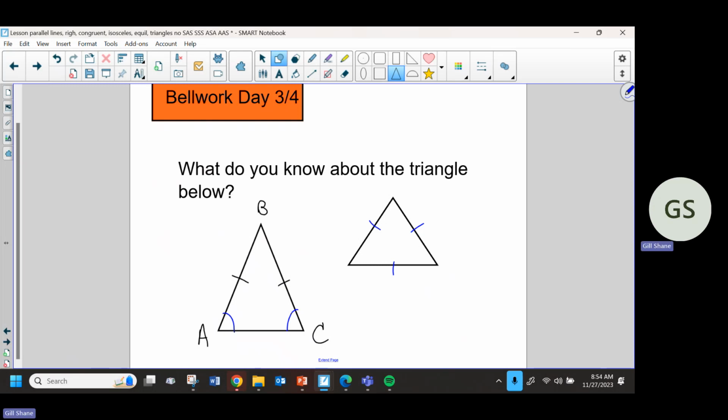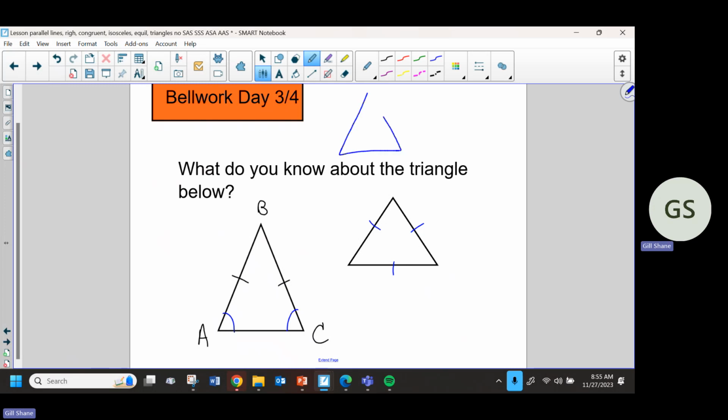Two of the sides are congruent. The two angles, they call them the base angles, the angles at the bottom of both of the sides, those two angles are congruent. It goes the other way as well. I'll just redraw a triangle.